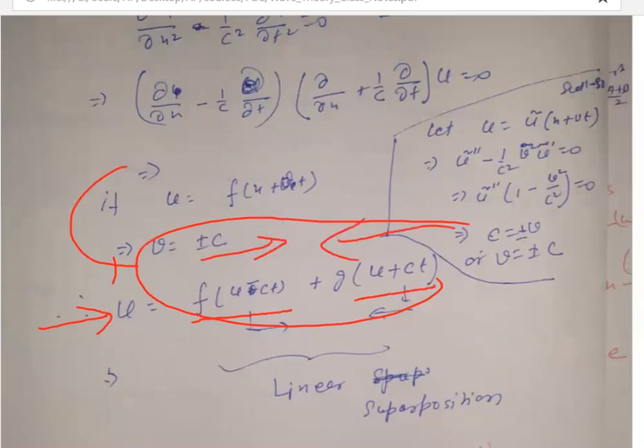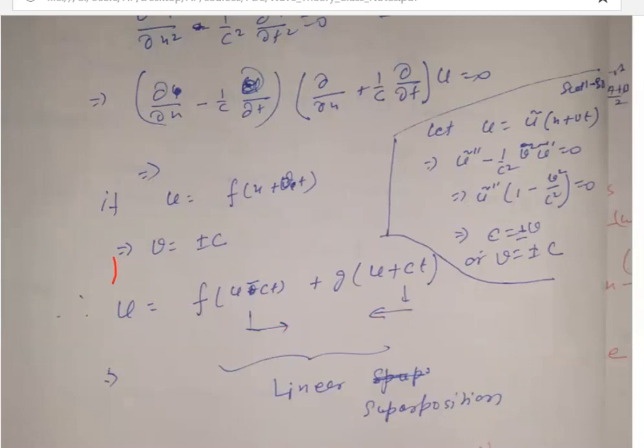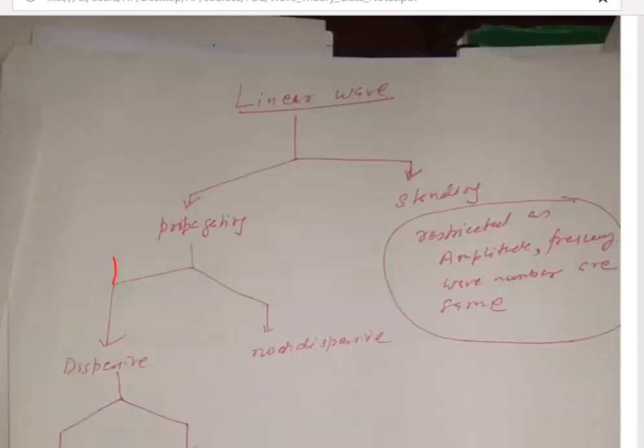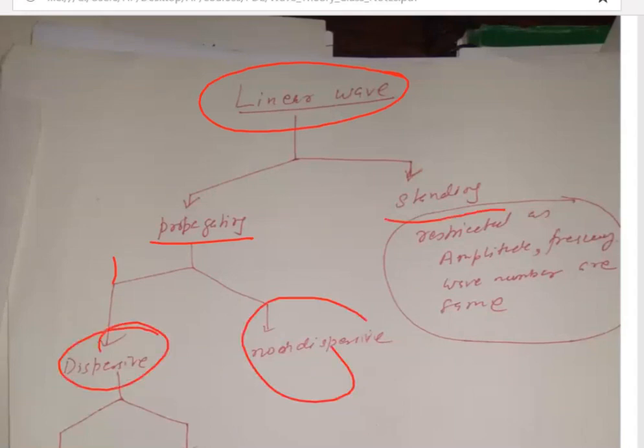So this is a linear superposition, we have already seen it. So the conclusion is that in the linear case, the wave is either propagating or standing, and propagating is dispersive or non-dispersive.